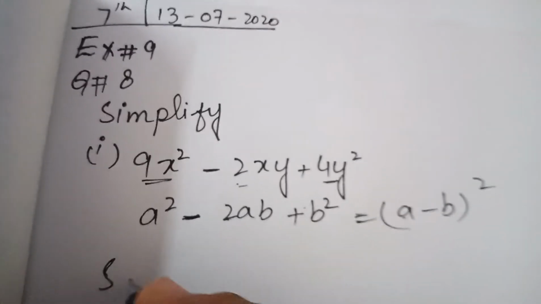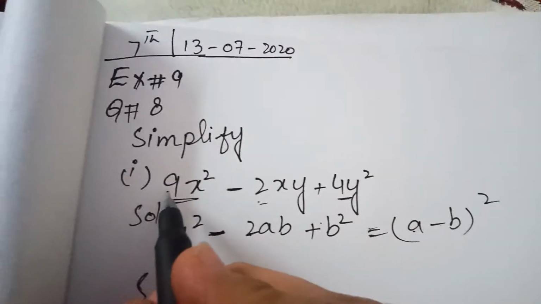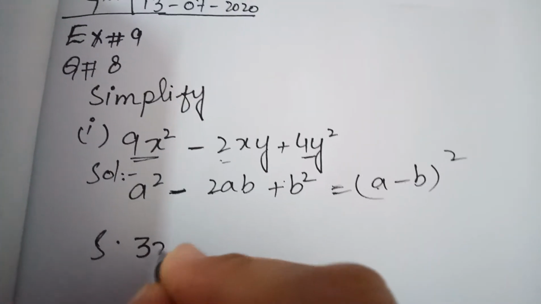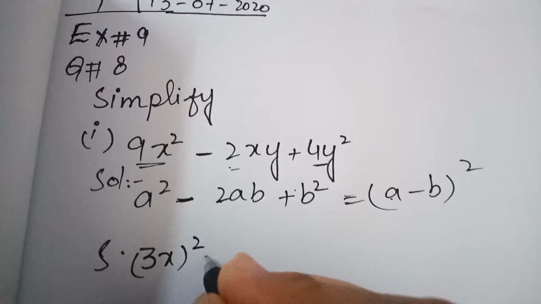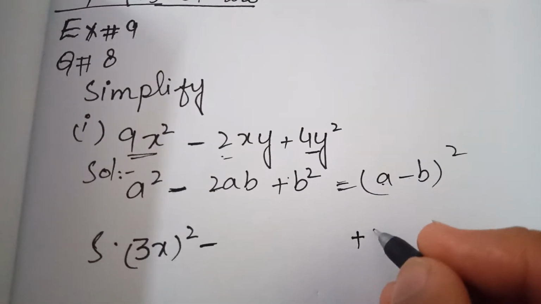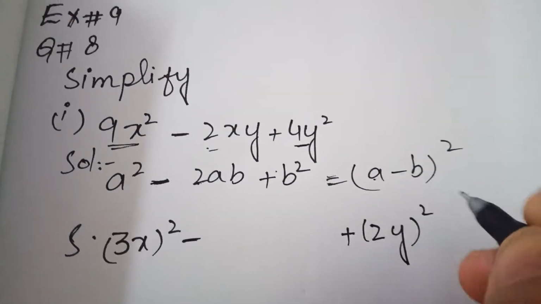First we will make it for solution. 9x square, we can write it as (3x) whole square, minus, to write 4y square in the form of square, we can write that (2y) whole square.